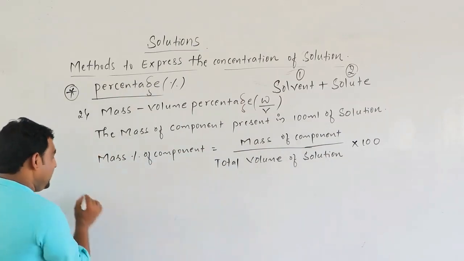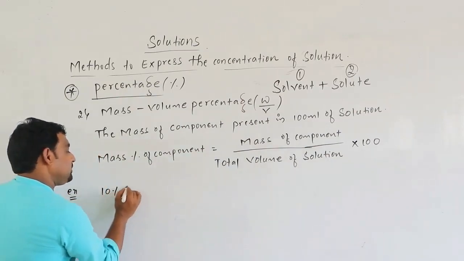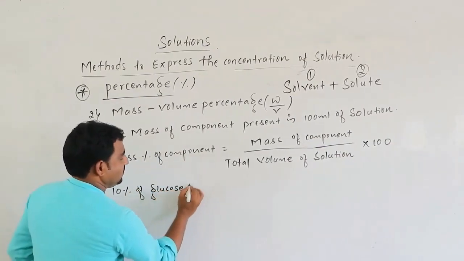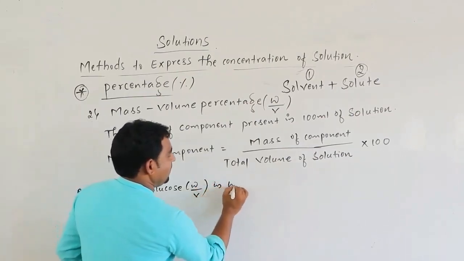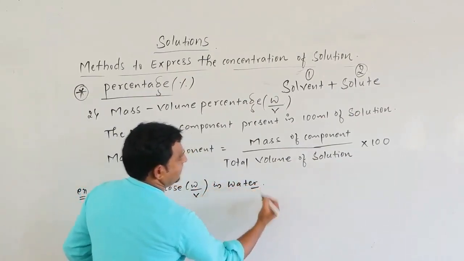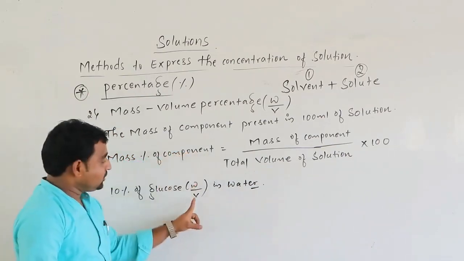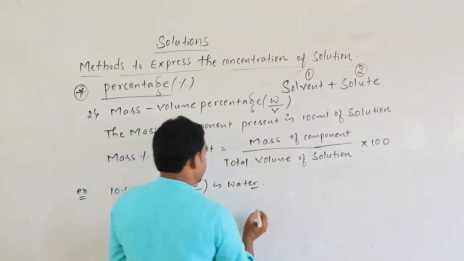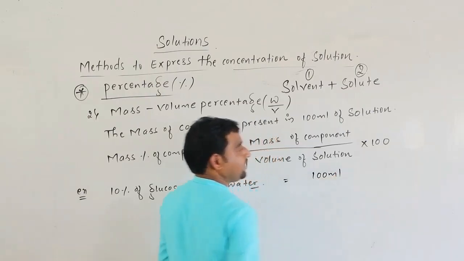Now an example, you can take 10% of glucose, that is W by V, in water. What does it mean? Solute is taken in gram and solution is taken in volume. It means total solution should be 100 ml.